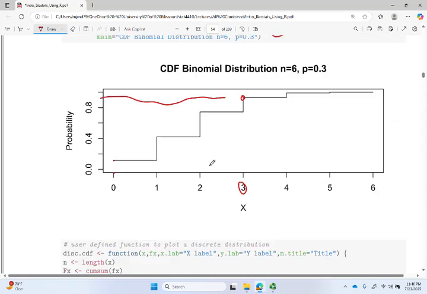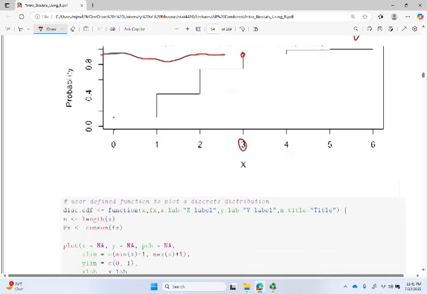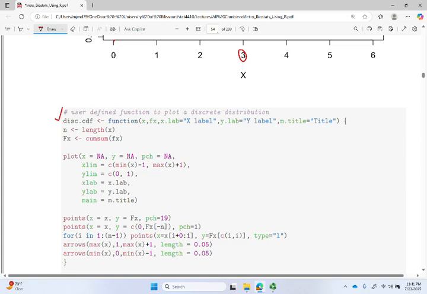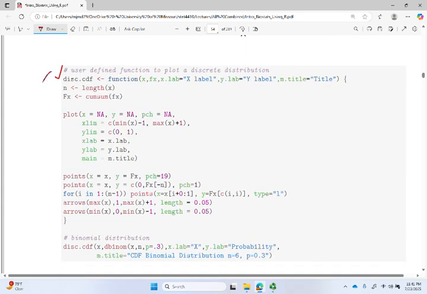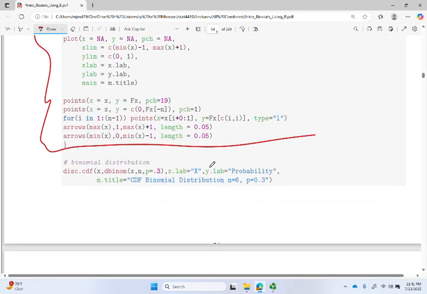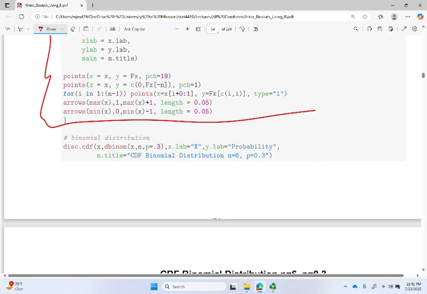Now, this works well in a lot of cases and is usually sufficient, but we can do better. And I'll show you what I mean. I created a user-defined function to plot the CDF of a discrete random variable. We're not really going to go over the exact commands, but we are going to use it, and we'll explain what it is.